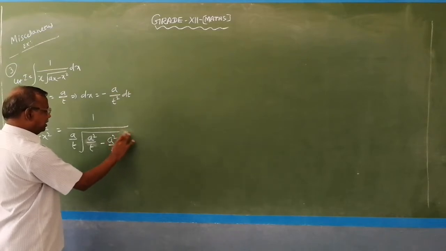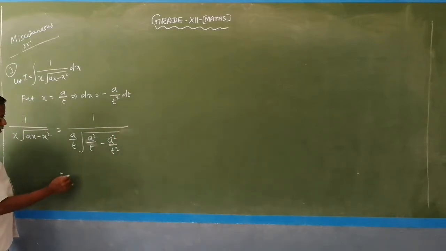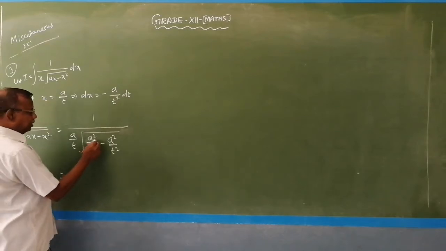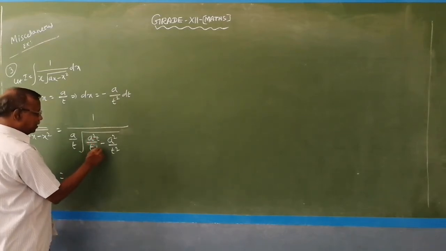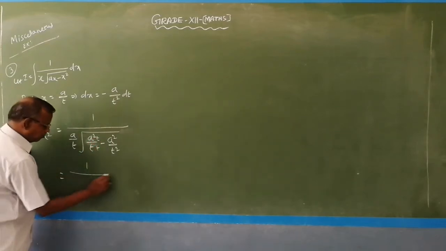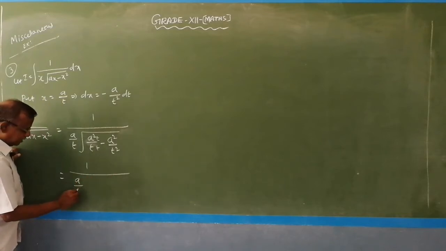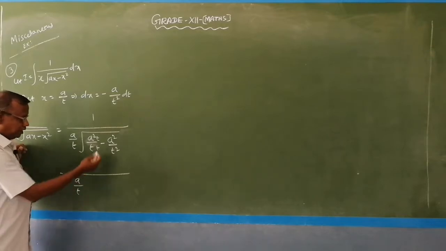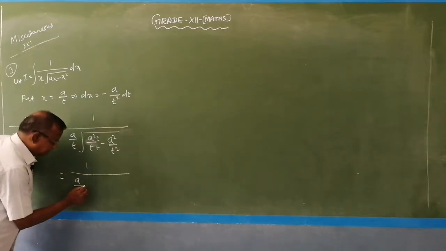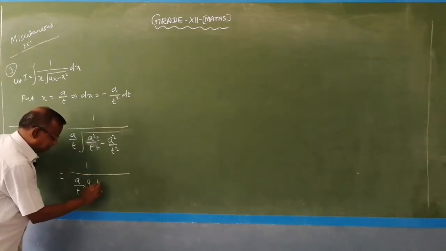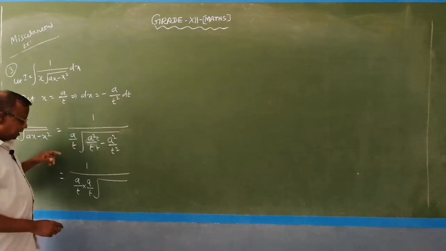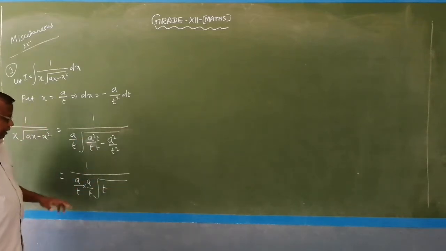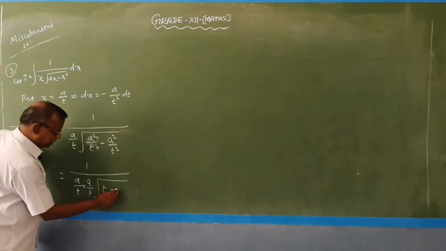Now we can take a square by t square as common, for which you can put t whole divided by t. So that is 1 by a by t, and take out a square by t square as common. So a square by t square means outside the root it is a by t into root of, we have taken a square by t square. So we have only t, and we have taken a square minus t square, therefore it is t minus 1.